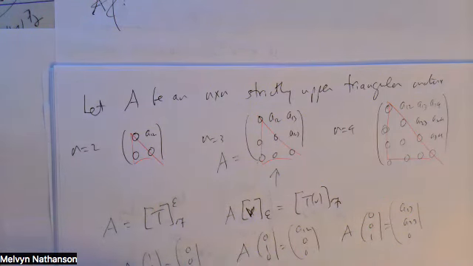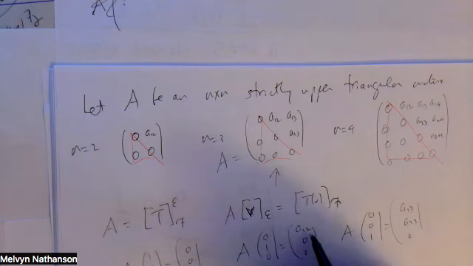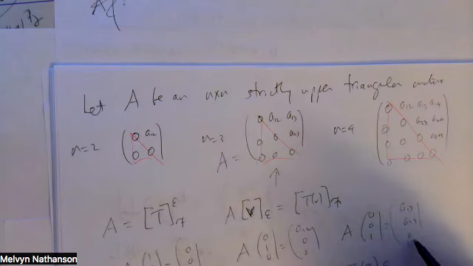So what this says is if you look at the corresponding linear transformation T, T of E1 is 0. T of E2 only has a first coordinate. It's in the subspace generated just by E1. T of E3 is a vector where the third coordinate is 0, so it's in the subspace generated by E1 and E2.